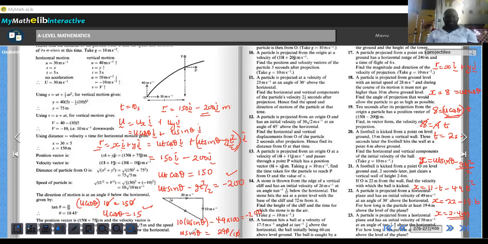So u sin theta is 29. So in general, the initial velocity when time is 0 is ux i plus uy j, which now becomes 15i plus 29j. This is the solution of what you're looking for.